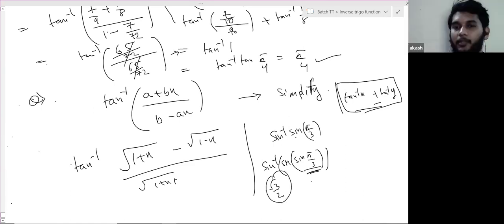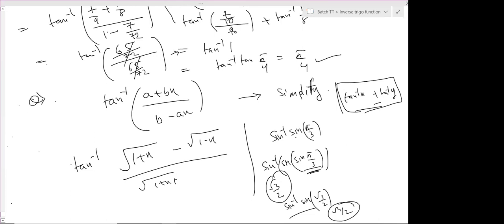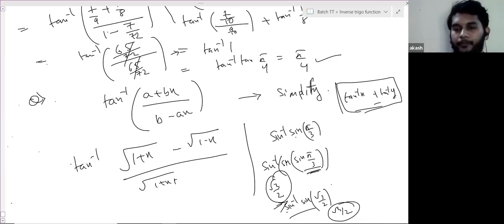So this value is root 3 by 2. So sine inverse sine root 3 by 2, and this is very simply root 3 by 2. Right, Kinza? Yes, sir. So very simple question, no worries here. I just got confused with the 2 signs.